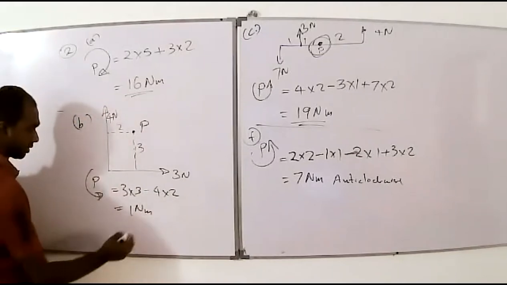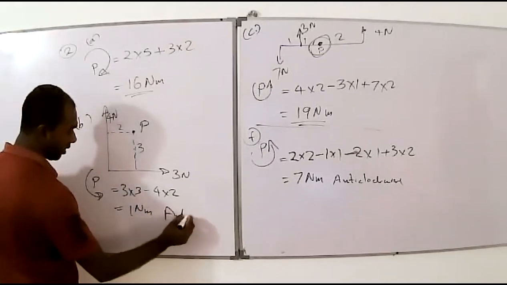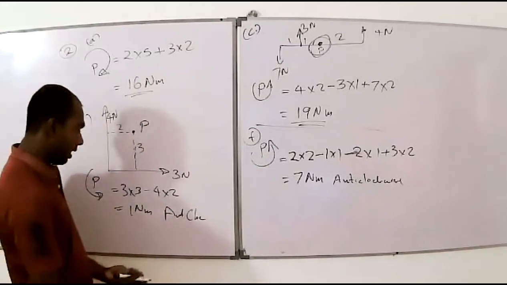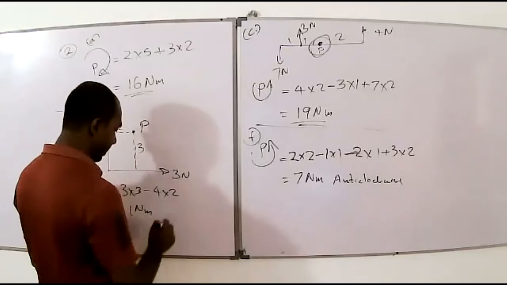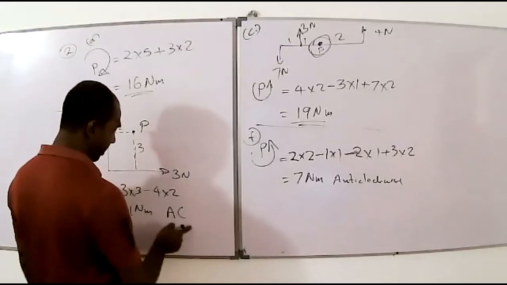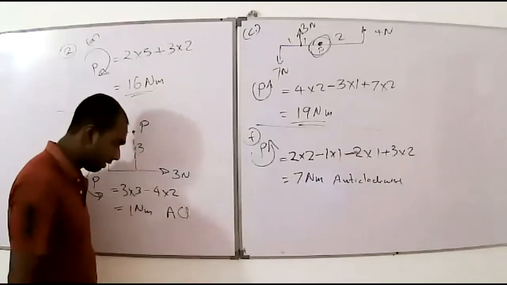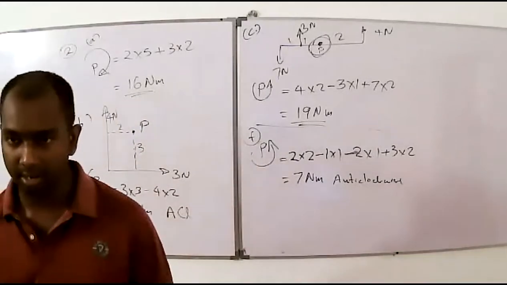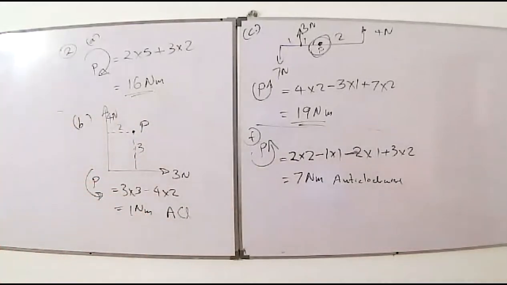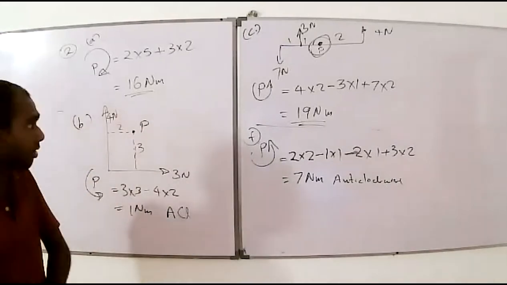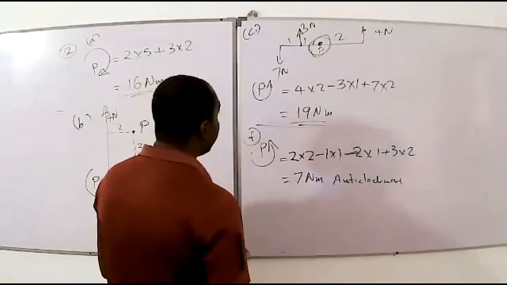And actually, what is the direction? Anti-clockwise. Okay. So for the easiness, I will write AC. AC means anti-clockwise.